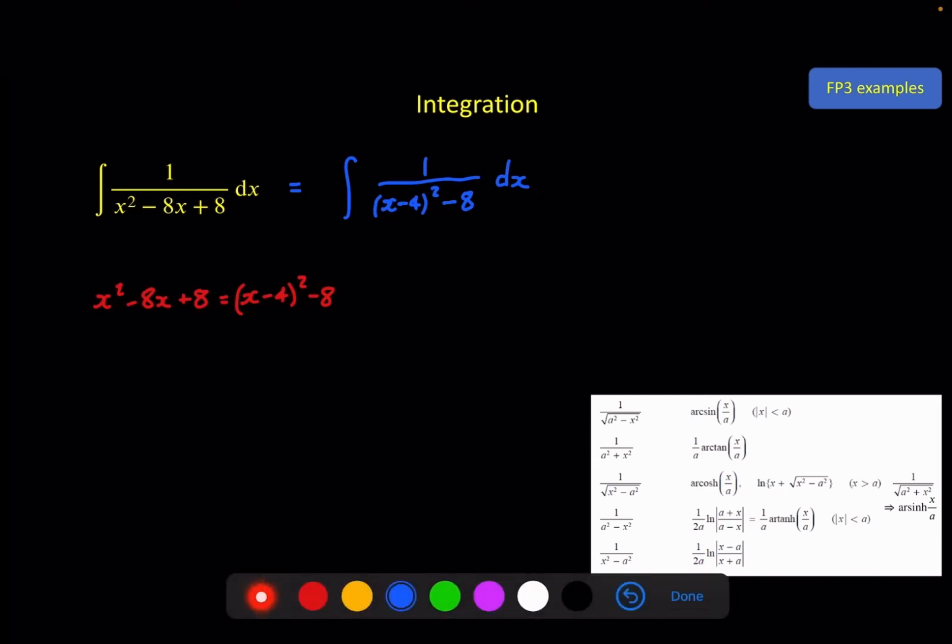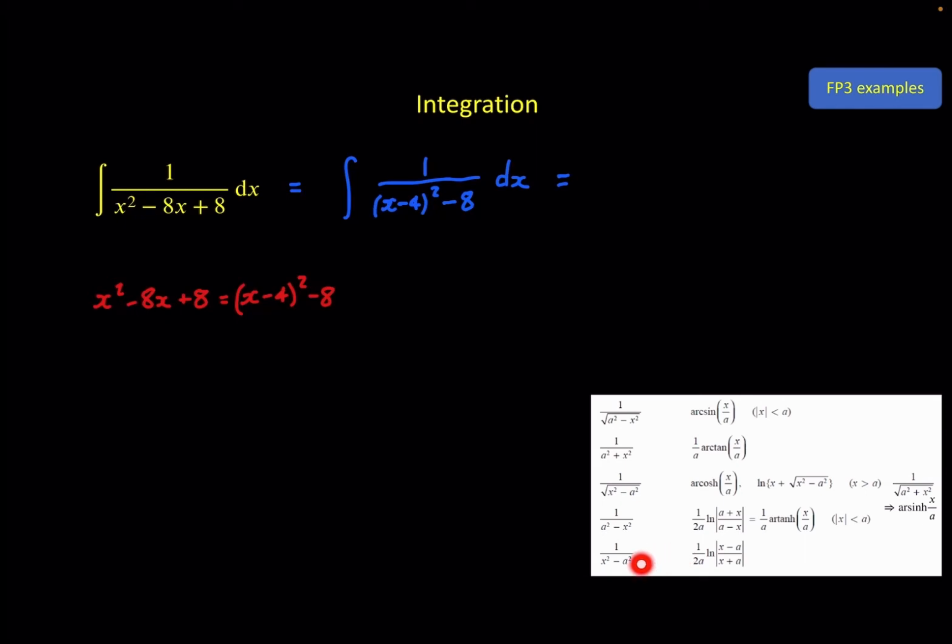So here we've got 1 over 2a as part of the standard result. But be clear, the a here is not 8, a squared is 8.